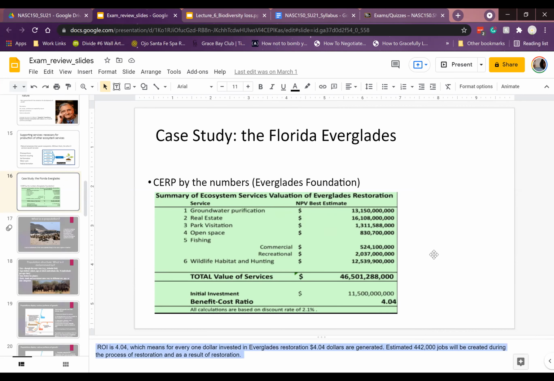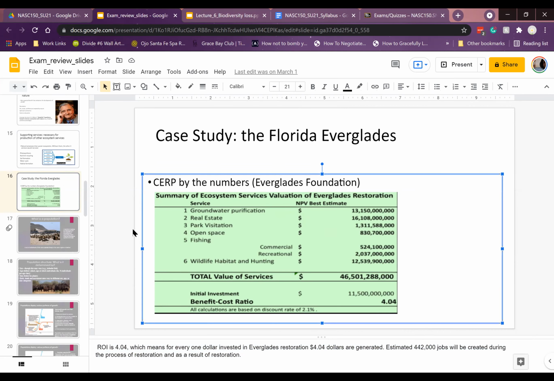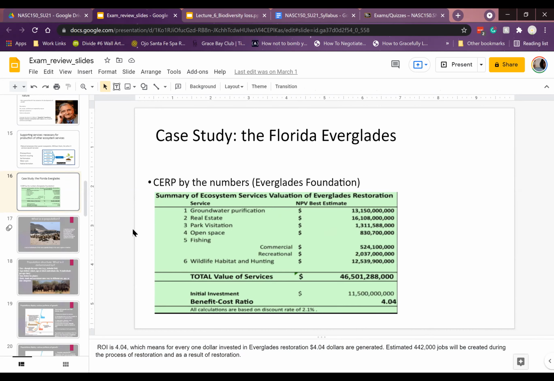But again, the Florida Everglades, a really successful and really important restoration. We restored ecosystem services, our provisioning, regulating, as well as our cultural ones, and our supporting services, bringing this ecosystem back from its tarnished state into a less tarnished state, giving us about a 4.04 return on investment.